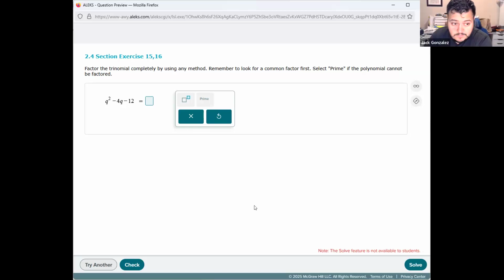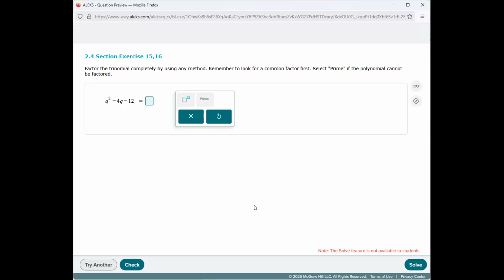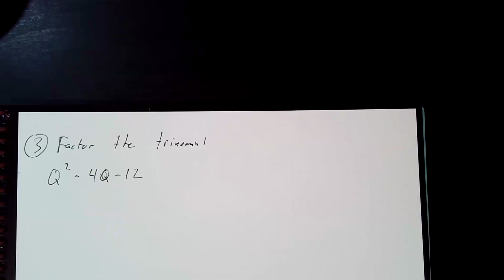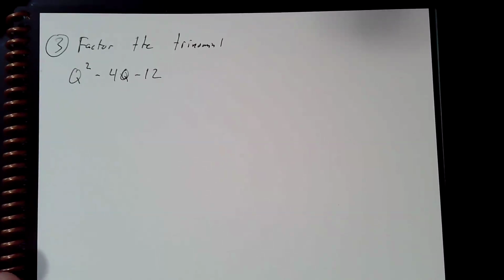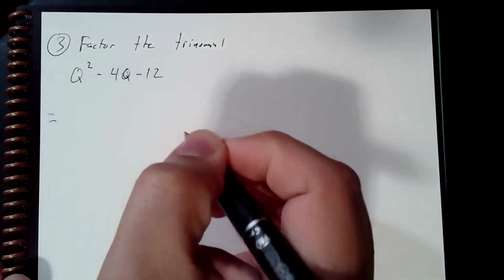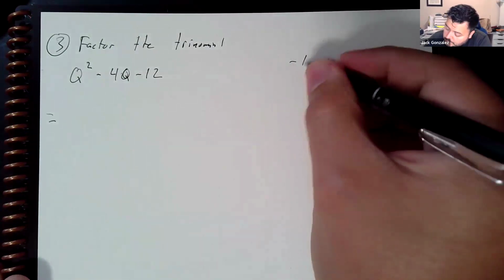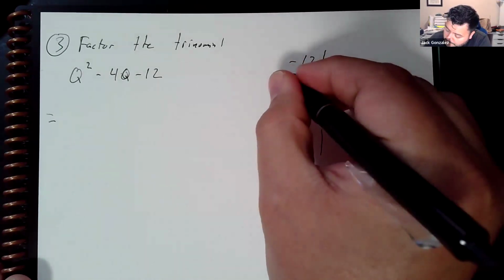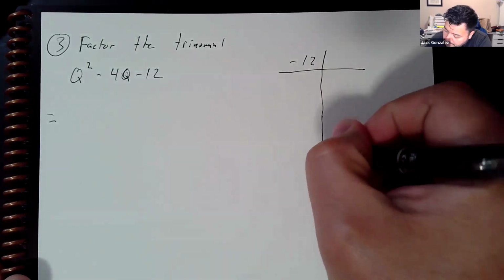I'm gonna use capital Q's because my Q's look like 9s. Okay, so I'm gonna do it the long way just because not everyone remembers all this from middle school or high school.